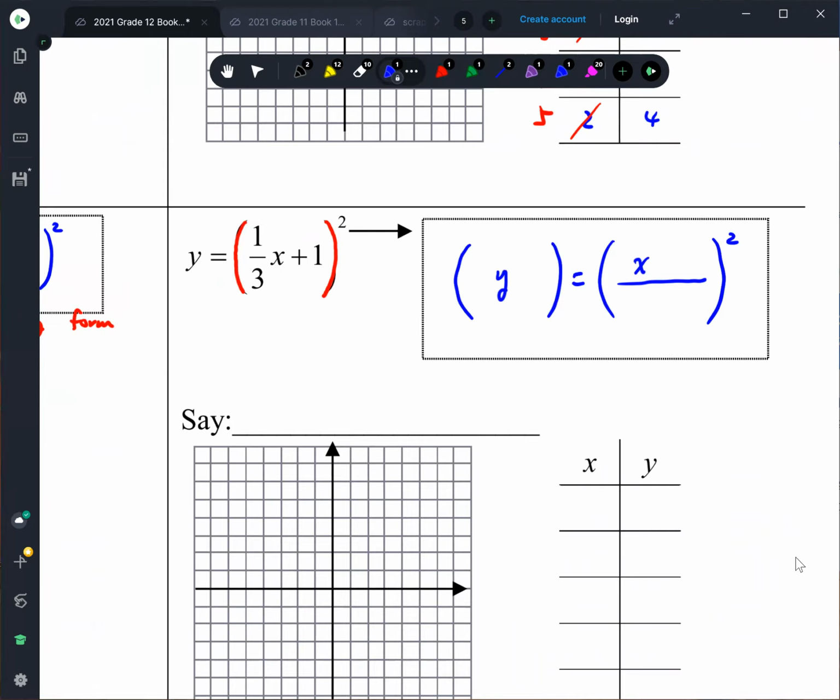Because it has a 1/3 at the front. At the beginning, it might take longer, but as you do more and more questions, your speed will start to increase.